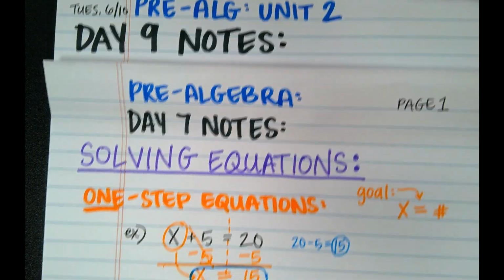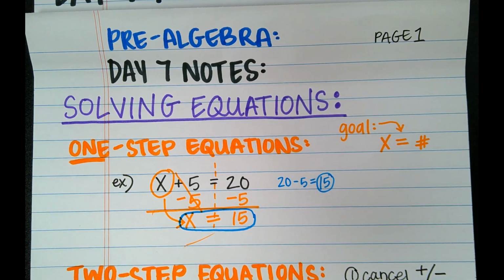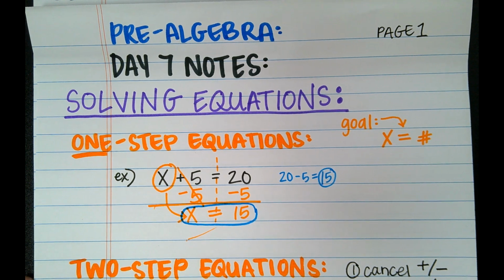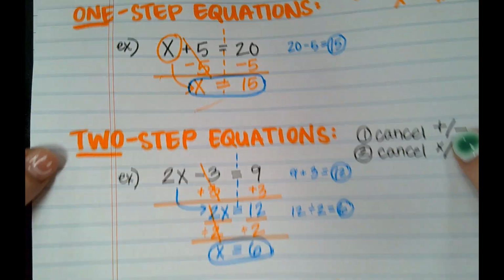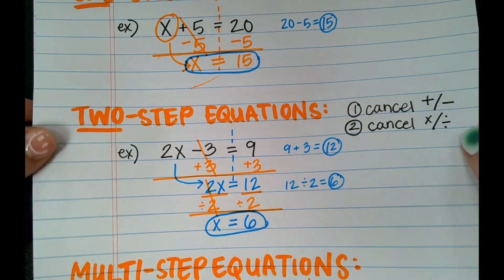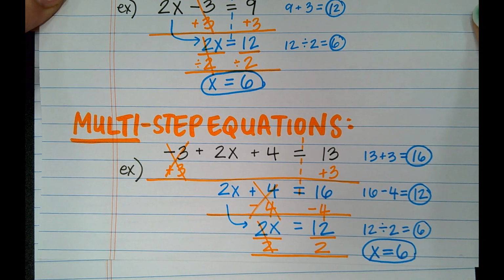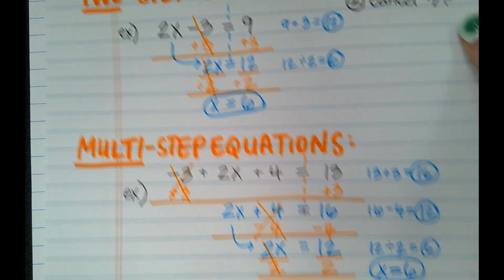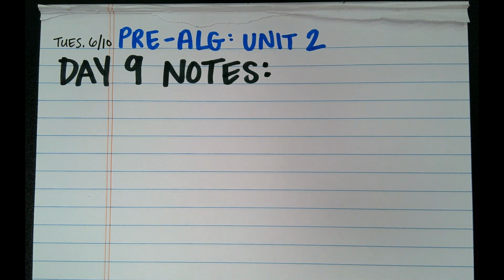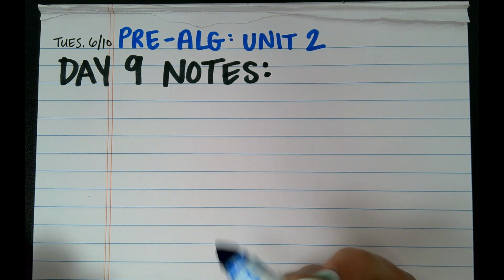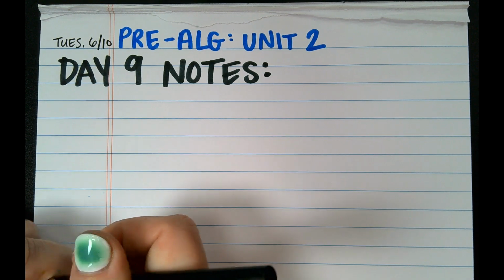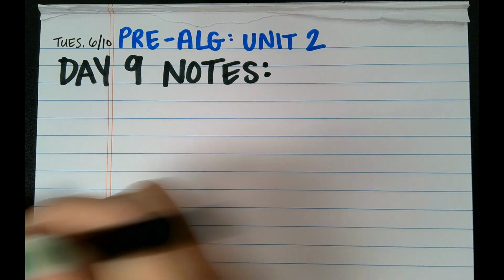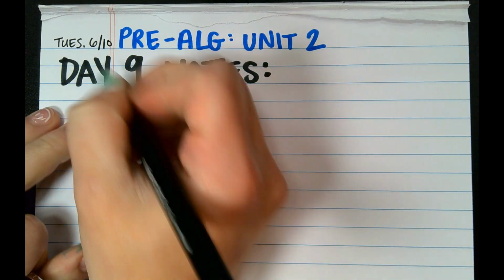So I'm just going to peek back at this real quick. The one-step equations, you just take one step, solve it. Your two-step, now you got 2 steps. Multi-step, you got more than 2 steps. And then yesterday, we talked about some of the special cases, such as an equation with distribution in it. So that would look something like this.